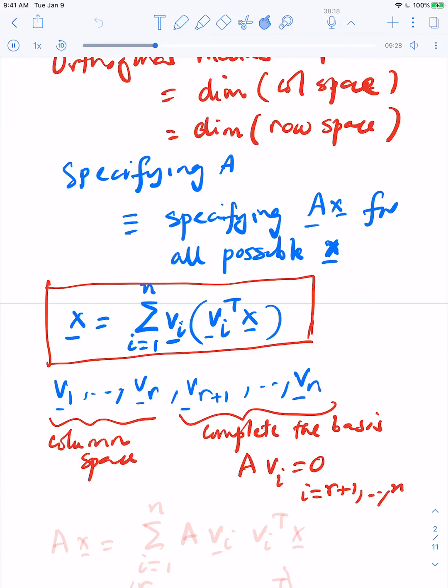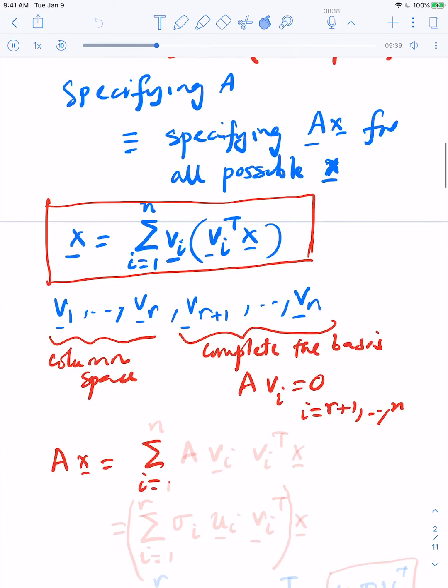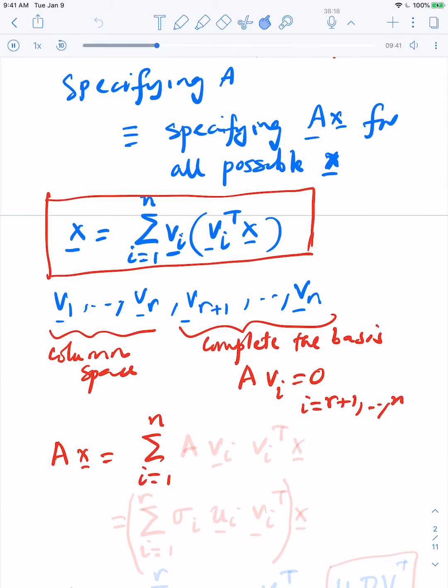Now you give me a vector on which I want to apply A, and I expand that vector with respect to the basis, and then I apply A, right? So I get the summation i equals 1 to n.